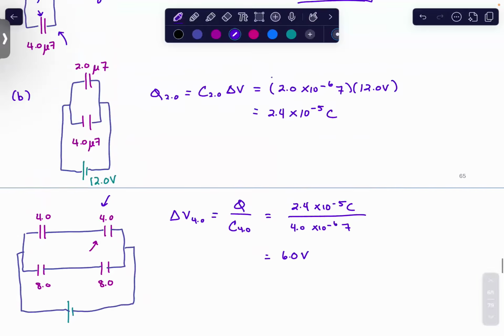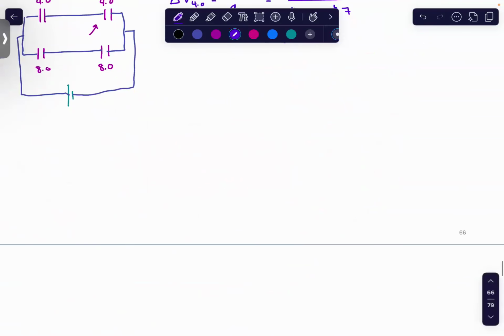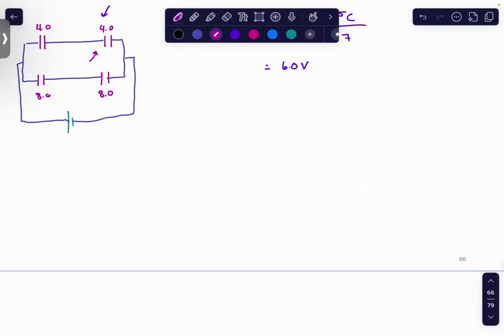And then I'm just going to take this original parallel system and say, now I have, because again, if I'm just looking at the top, then I have this capacitor over here.